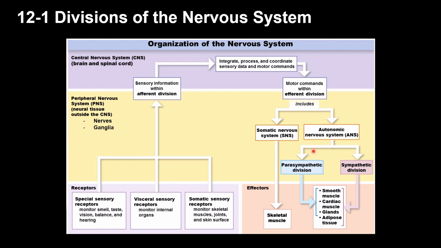That is divided into 2 parts: the parasympathetic and the sympathetic system. They supply smooth muscle, cardiac muscle, glands, adipose tissue, and also lymphatic tissue. And the balance of the two is important for homeostasis.